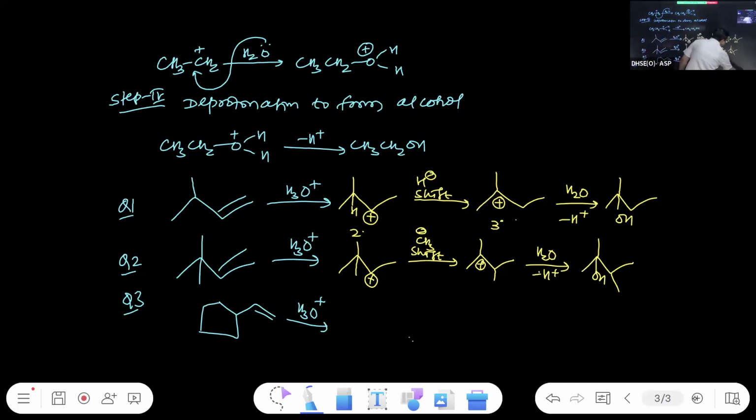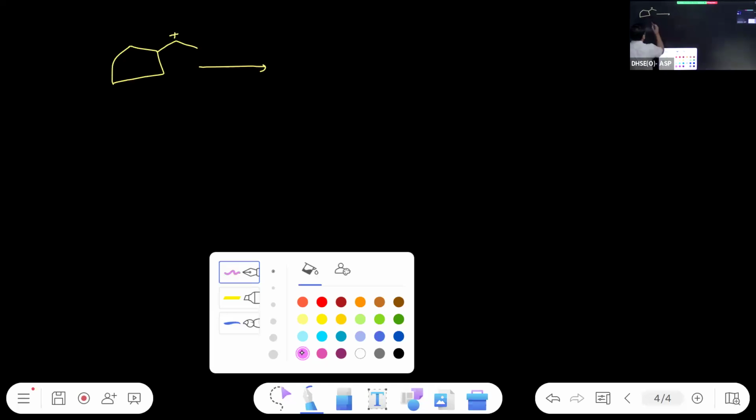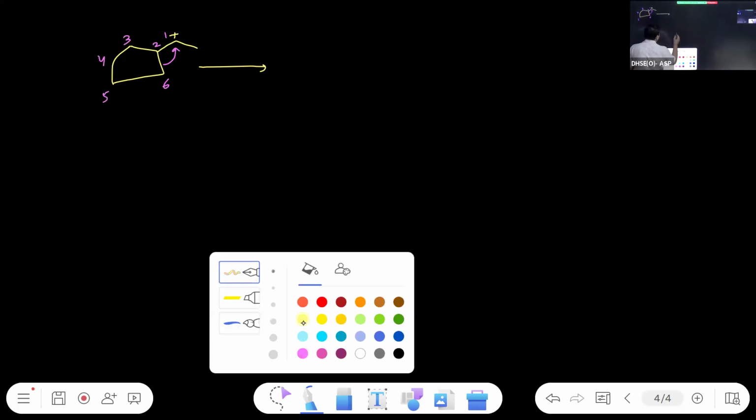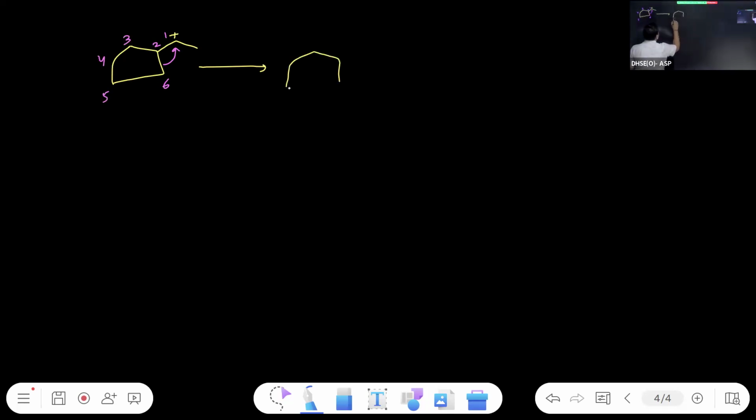So last one, ring expansion. This is the carbocation. We know if a carbocation center is formed at the adjacent position of the ring, then there will be a chance of ring expansion. If ring expansion happens, then see which it will be. So 1, 2, 3, 4, 5 and 6. So this has become a 6-membered ring.